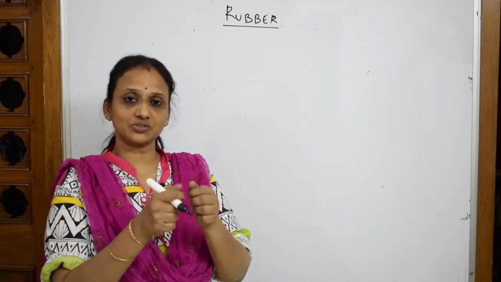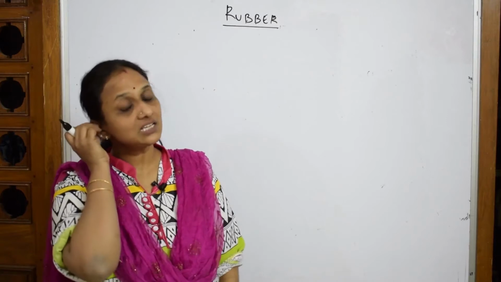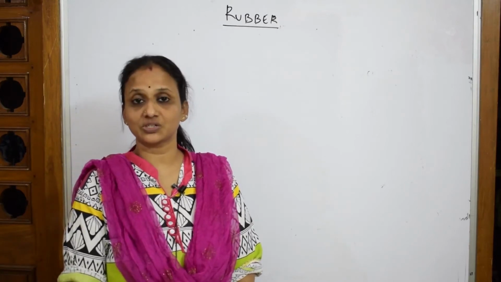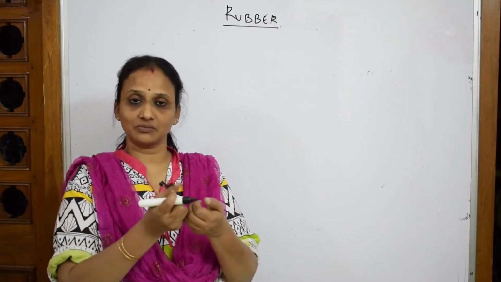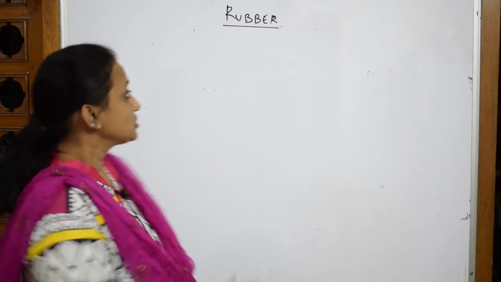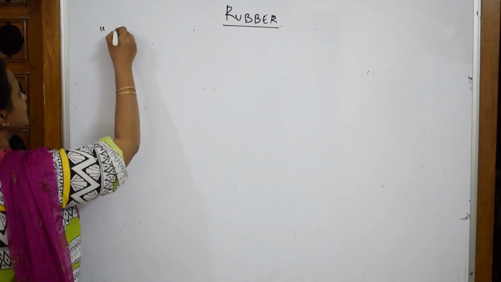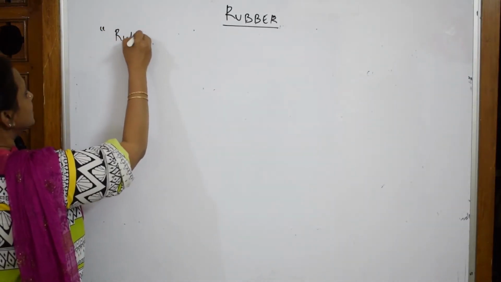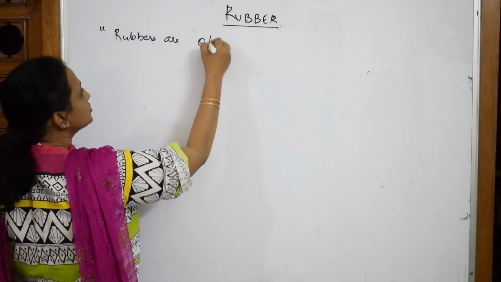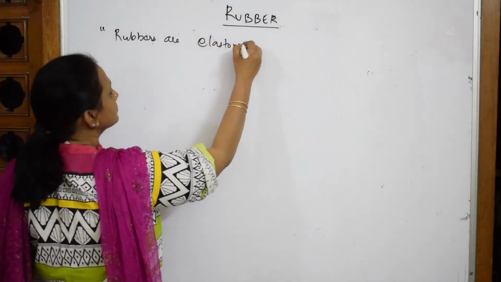When you try to stretch it, it stretches, isn't it? That is why rubbers come under a category called elastomers, where you can stretch them. When you stretch and release, they retain the original structure. So what are rubbers? Rubbers are elastomers, right?